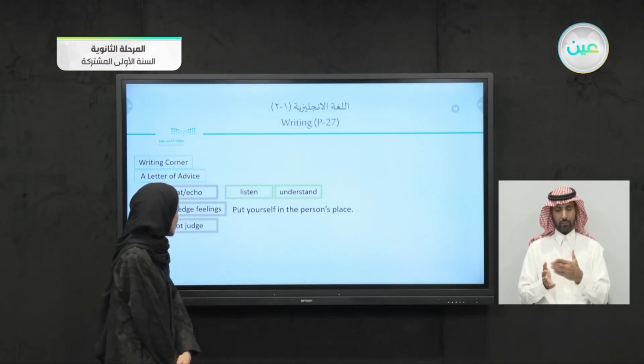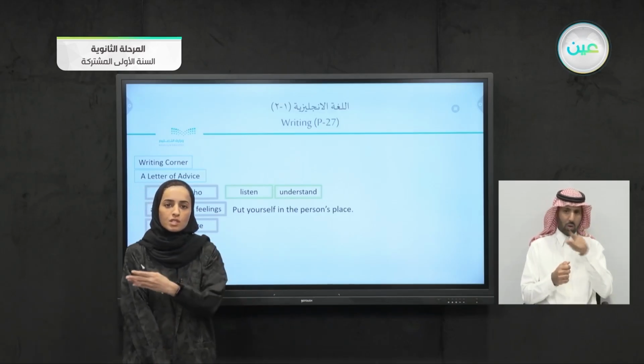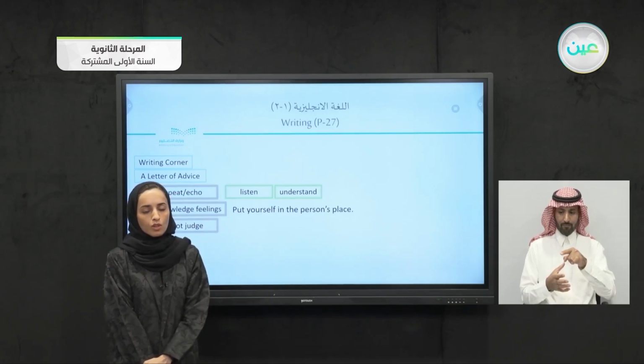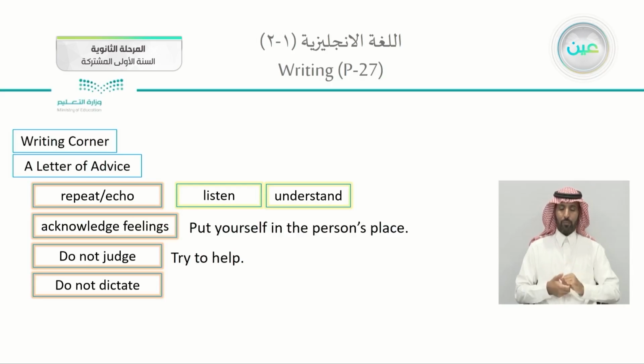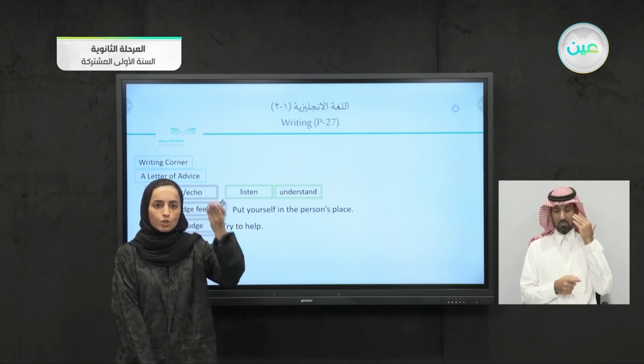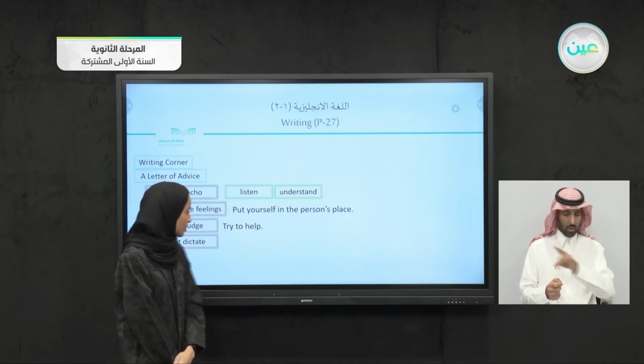Also, do not judge. Never tell them that it is your fault, not any other thing or your friends. Here, try to help. You are trying to help them. Do not dictate. The idea of dictating is you are the boss or you are superior and you are giving, not advice, but commands. Do not judge them.